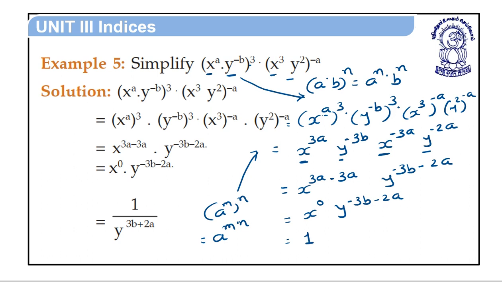So 1 into y raised to minus, common, 3b plus 2a. So we can write this as 1 upon y 3b plus 2a. Take y into the denominator, so the minus sign becomes plus. So y raised to 3b plus 2a.